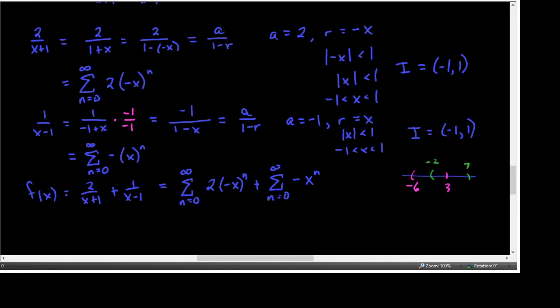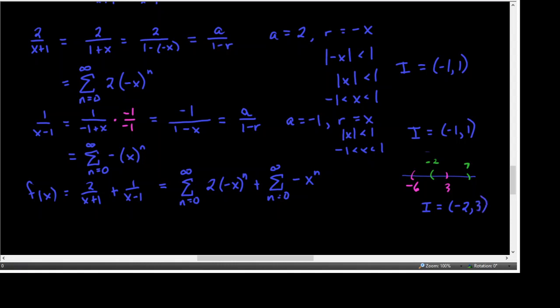Okay, so where they would intersect, the interval of convergence for the sum or difference of those two, things like ours to the left, would be the intersection of those two intervals. So that would be from -2 to 3.